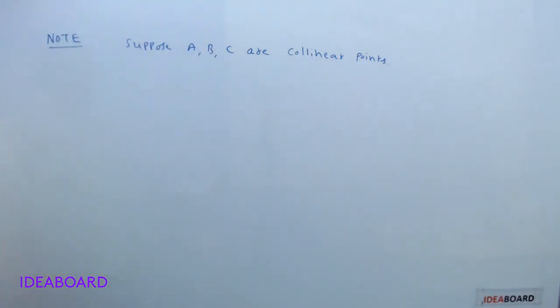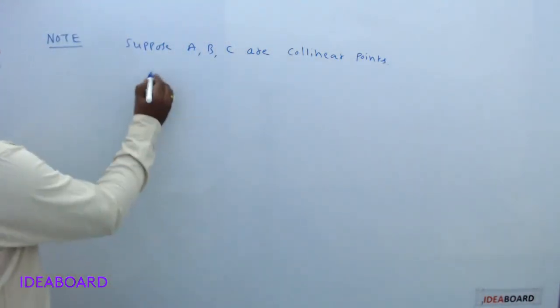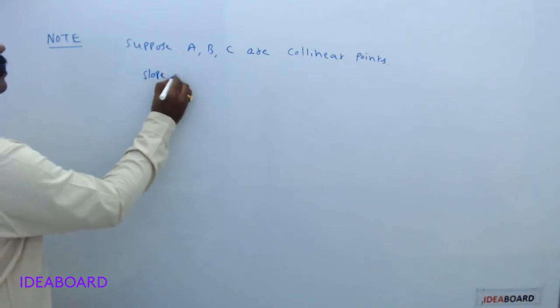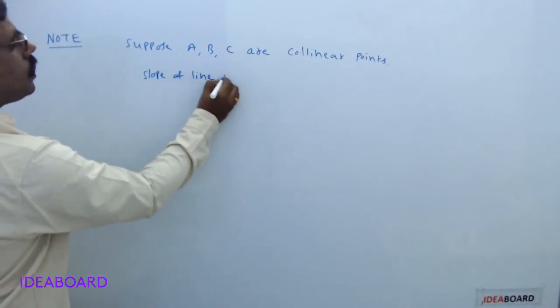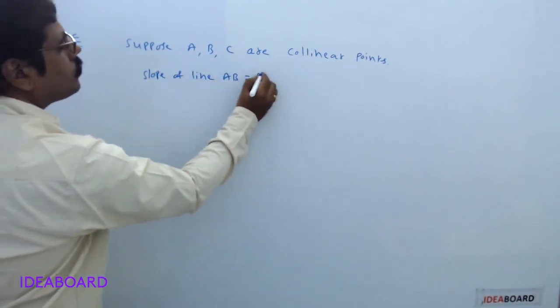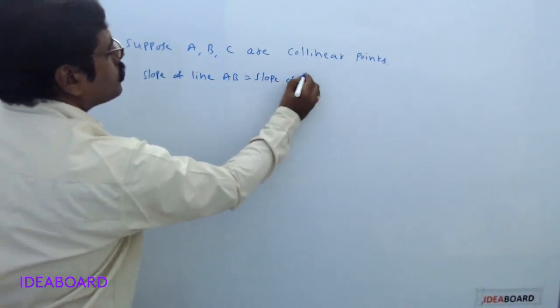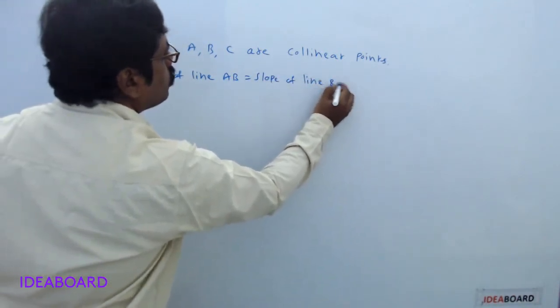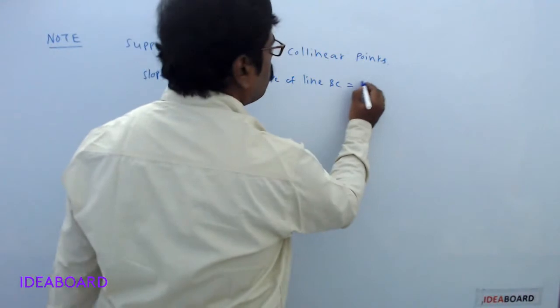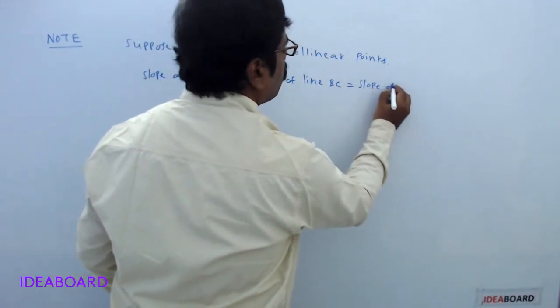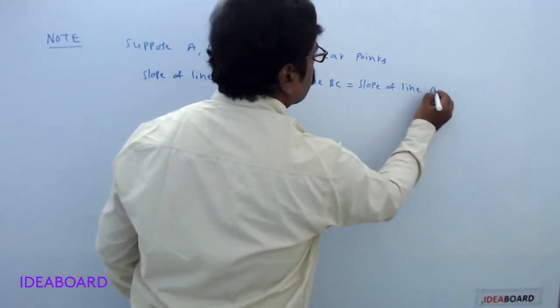Then slope of line AB equals slope of line BC equals slope of line AC.